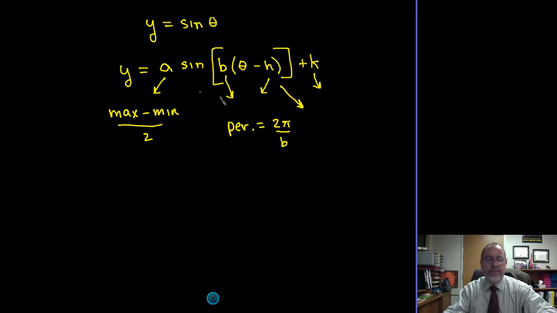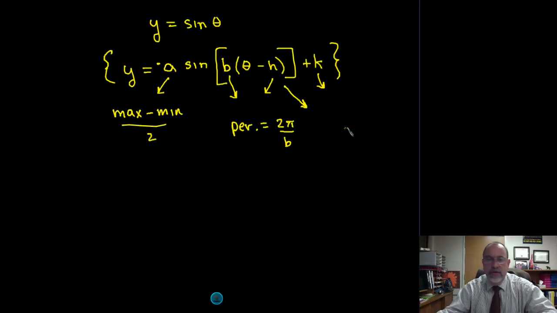Now this k value can be calculated using the same values we use for the amplitude. In other words, the k value we can actually calculate by taking the maximum value of the function, adding it to the minimum value, and dividing it by 2.